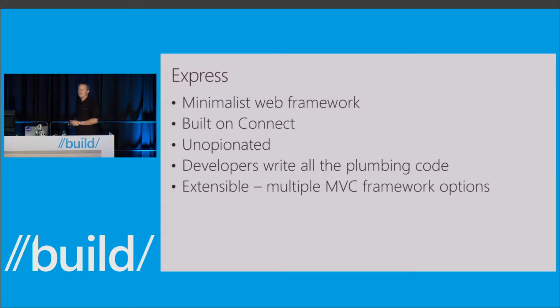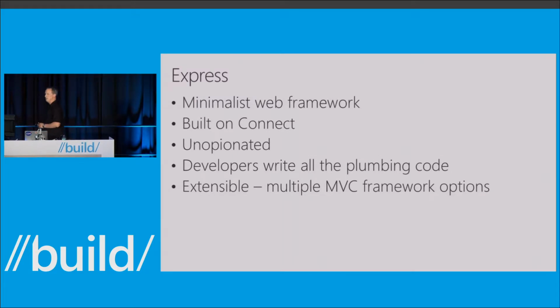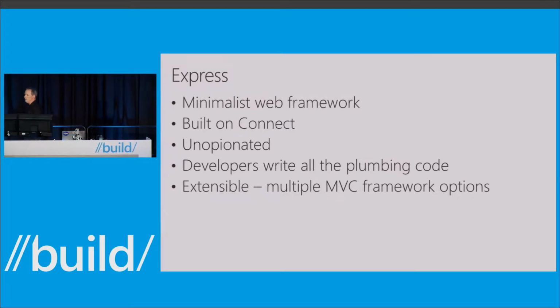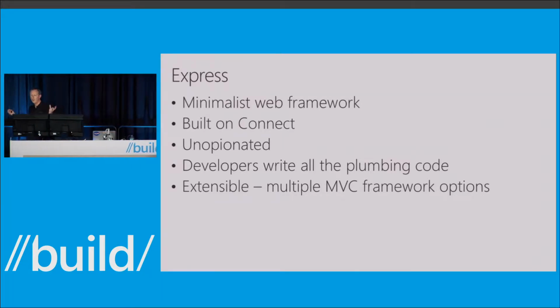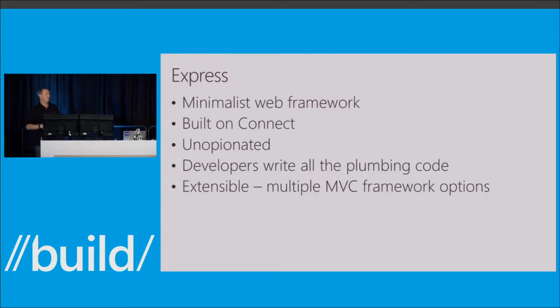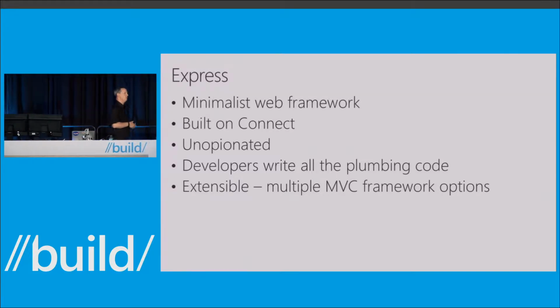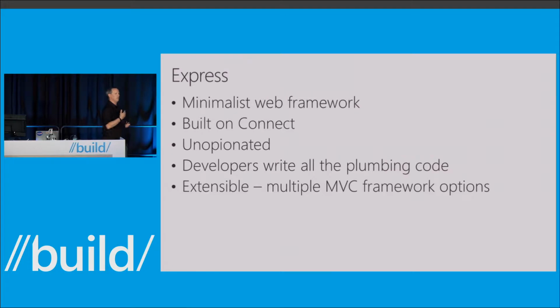What is Express? Express is a minimalist web framework. It's built on top of Connect. It's very unopinionated in the sense that I can mix and match all these different things inside of my application. We write the plumbing code for handling things. When a request comes in, I want you to run this function. When someone goes to this specific route, I want this to force authentication.